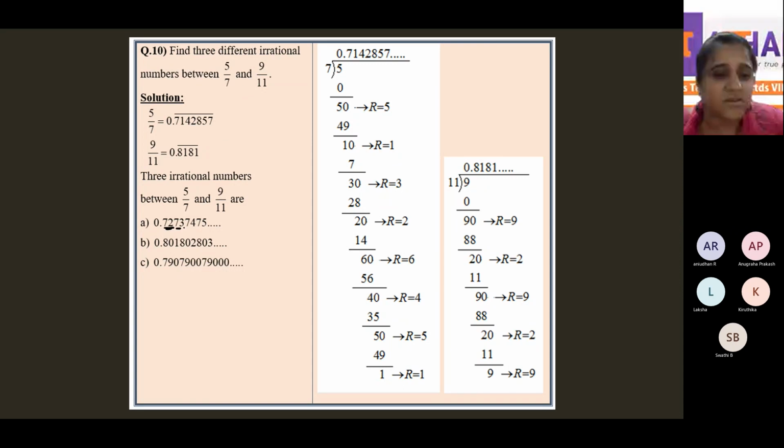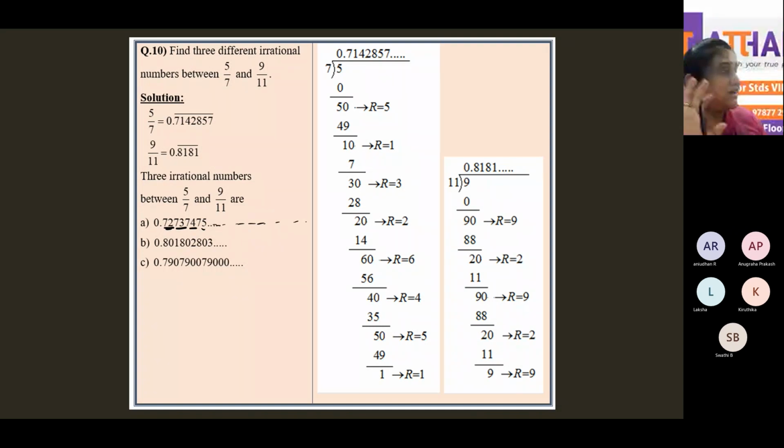After that, I've written 73, 74, 75, so on. So non-terminating because of the dots, non-repeating because there's no repeating pattern: 72, 73, 74, 75, 76, 77, 78, 79, 80, 81, 82, it goes on like that. So nothing is repeating. Am I clear?